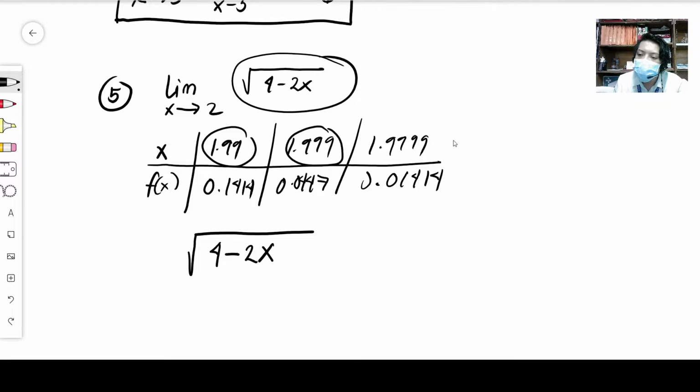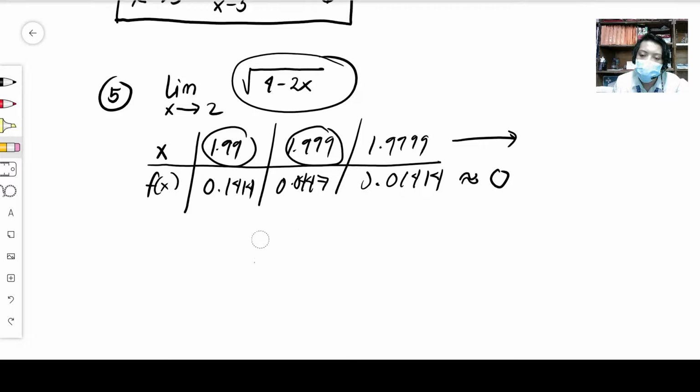So you see, if you continue this, the value here will eventually be equal to 0. It will eventually be equal to 0.